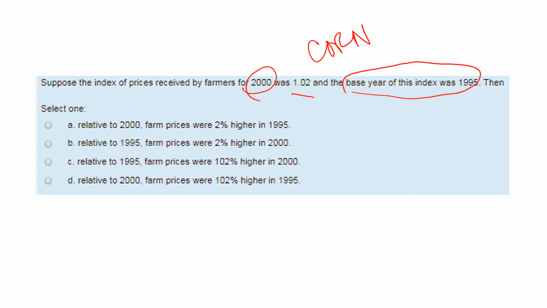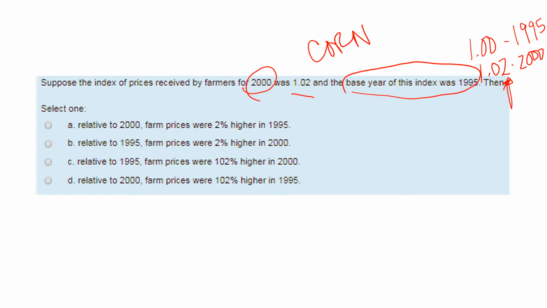So that base year, the index value for that base year is always going to be 1.00. And then they're saying in 2000, it's 1.02. So what that means is that in 2000, the price of corn was 2% higher than it was in 1995.